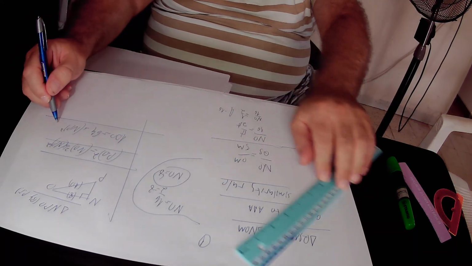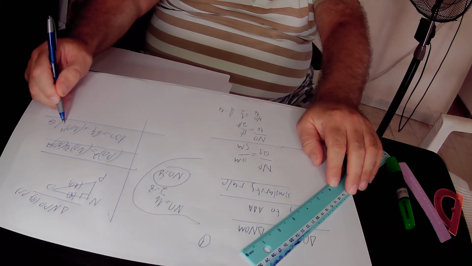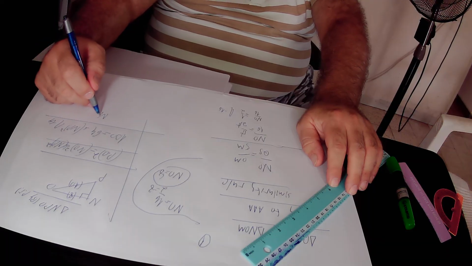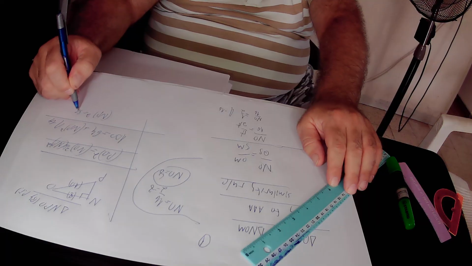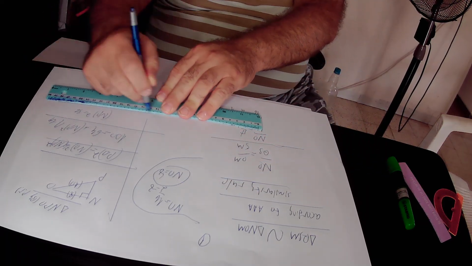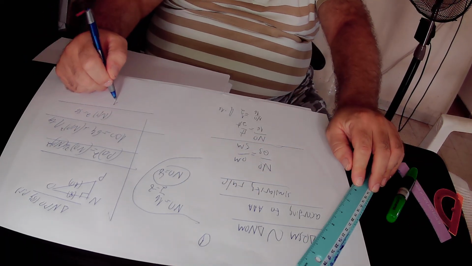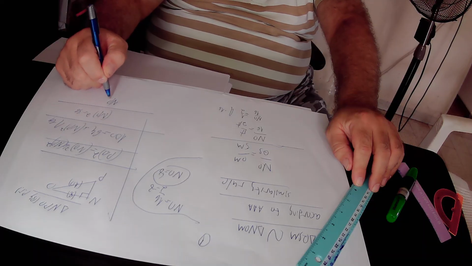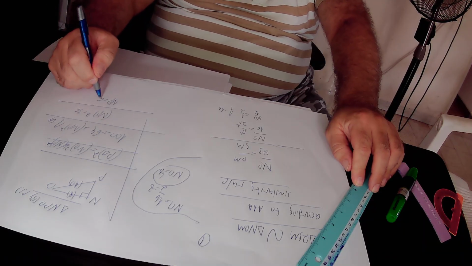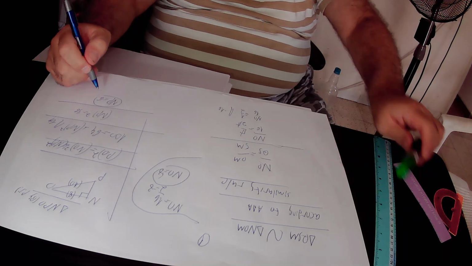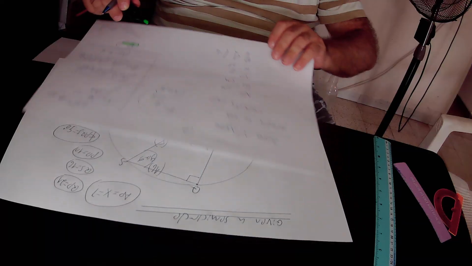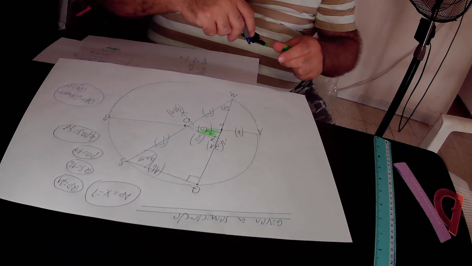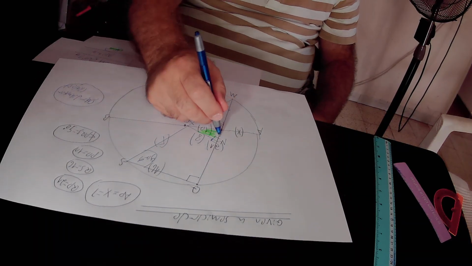Here we subtract 64 from the equation, and we get that NP squared equals 100 minus 64, that is 36. So we take the root, and we get that NP equals the square root of 36, that is 6. So the missing side NP is equal to 6 units in its length.